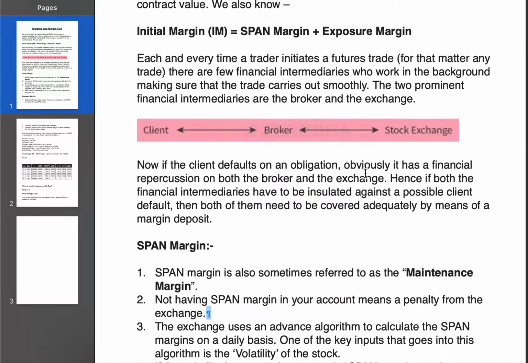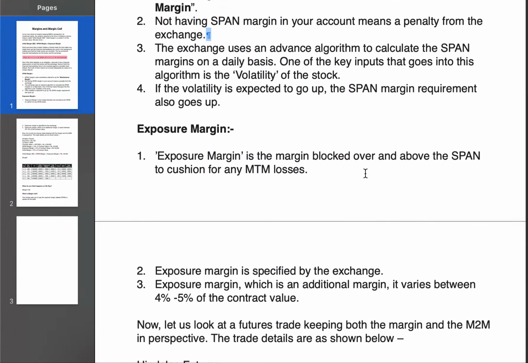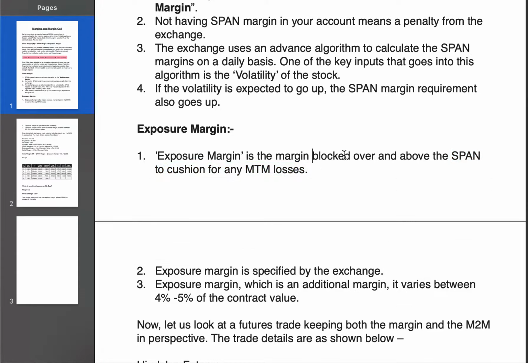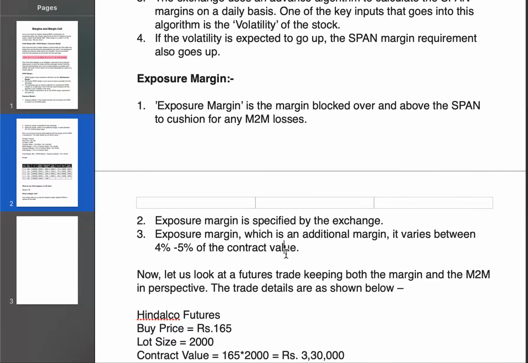So, in order to avoid that situation, he needs some cushion before reaching the span margin. So, exposure margin is a margin blocked over and above the span margin to cushion for any MTM losses. MTM is basically M2M, mark to market losses.